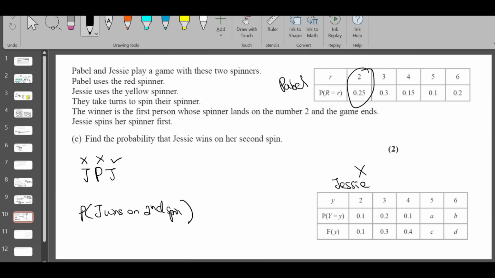Pay attention carefully. If Jessie does not win the game, that means her spinner did not land on 2. So you need to find the probability y is not equal to 2. And then times, if Pebble did not win the game, his spinner also did not land on number 2.